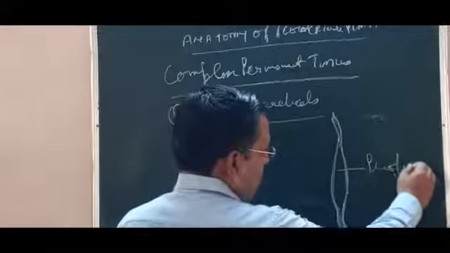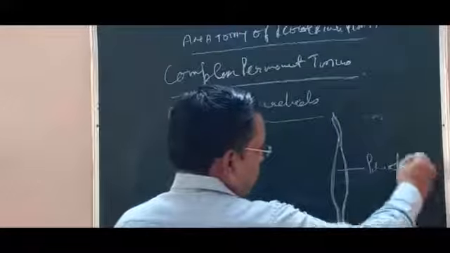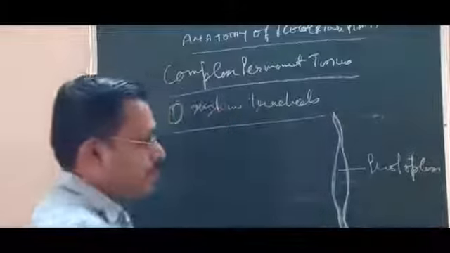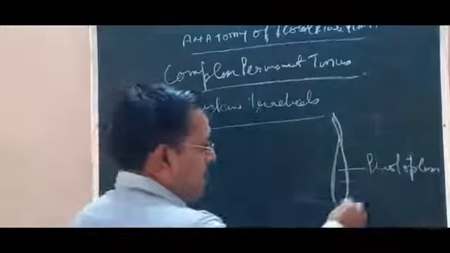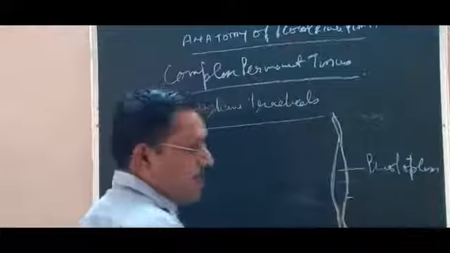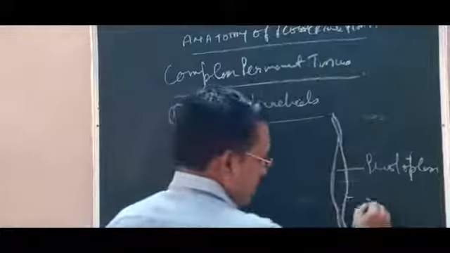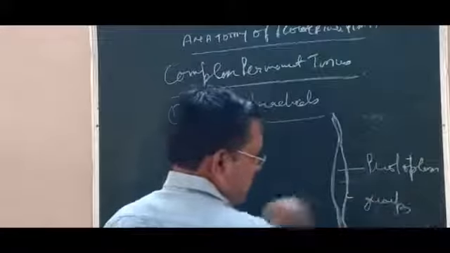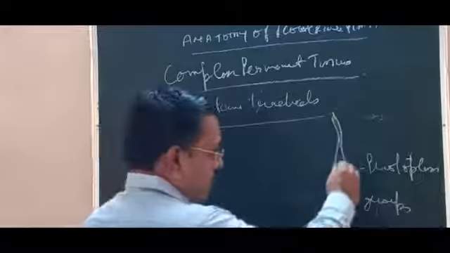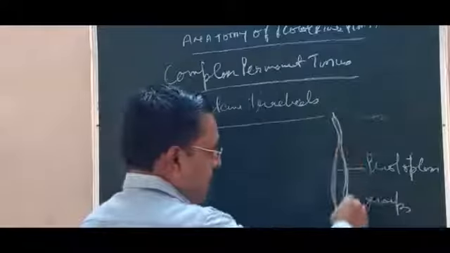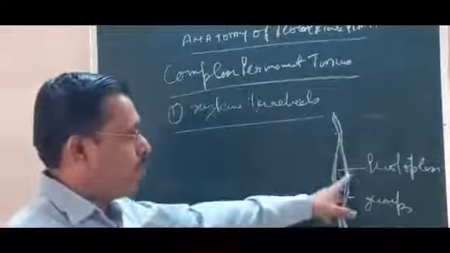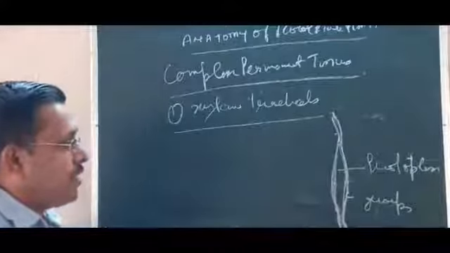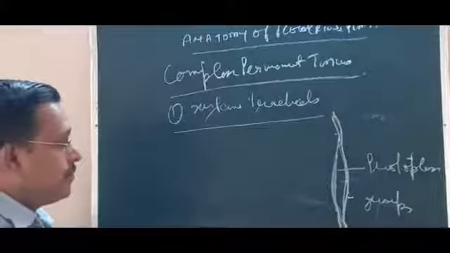Xylem tracheids are found in groups. Having a lignified wall and no protoplasm, they are dead cells.